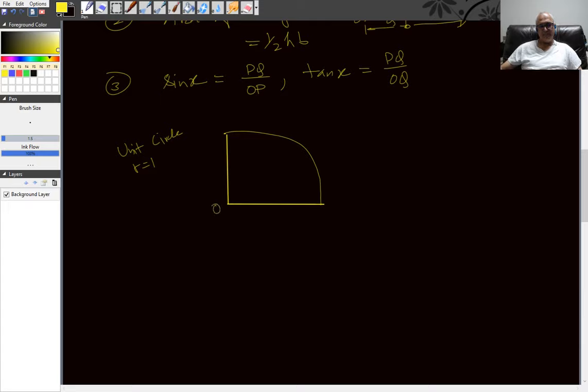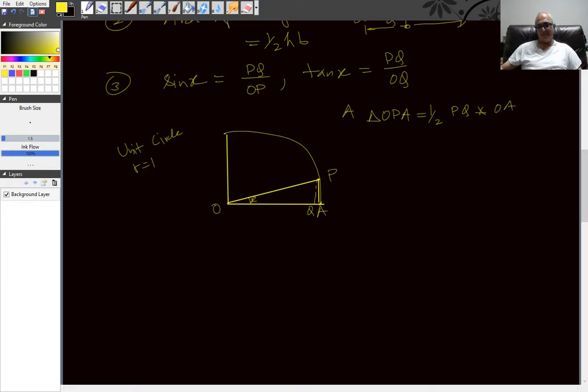So this is O. We take a point P here, and of interest to us is this angle x, and this point on the circle is A. So for triangle OPA, the area of this triangle will be, if the perpendicular is PQ, half PQ multiplied with OA.